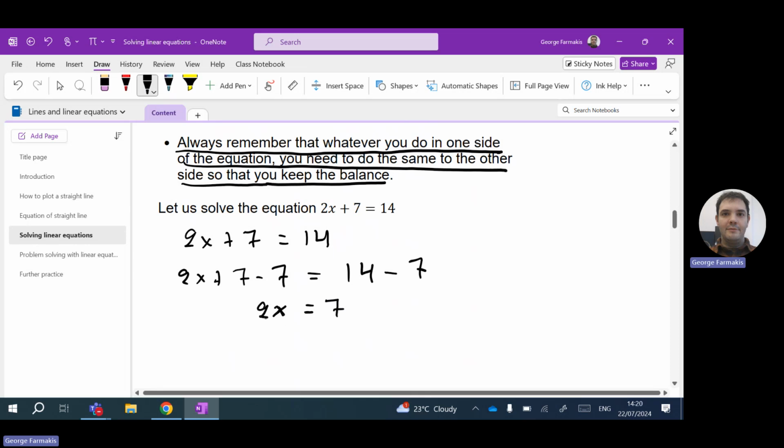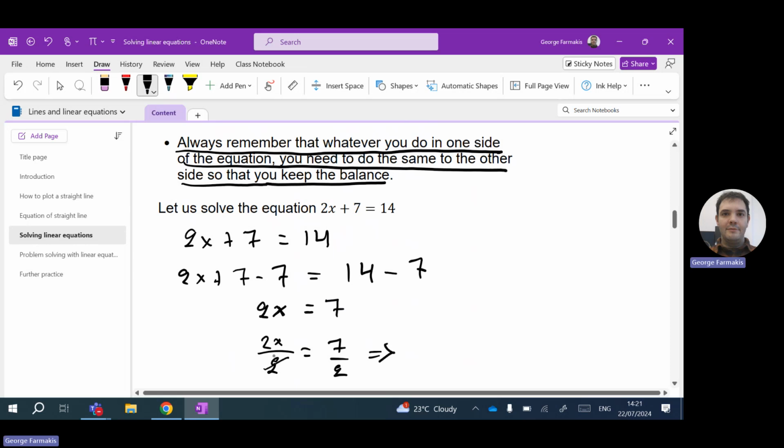And now I want to have only x on the left-hand side. We have this constant 2, so 2 times x equals 7. If I divide both sides by 2, we can cancel the 2 on the left-hand side. So 2x over 2 equals 7 over 2.